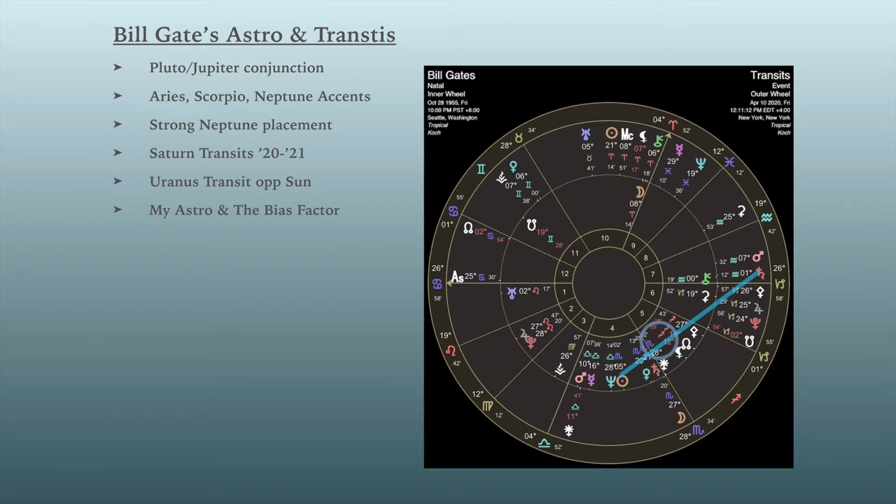In addition to this, by transit, he's going through a Uranus transit, which is exactly opposite his Sun right now and will be for most of the year. And so not only is he experiencing maybe increasing frustration on one level, but his sense of identity, his Sun, is going through some real changes as well.